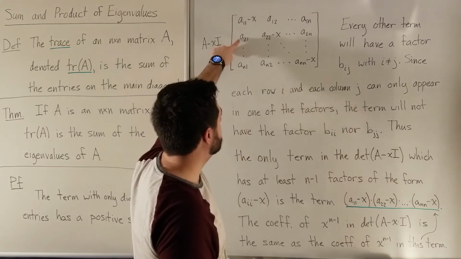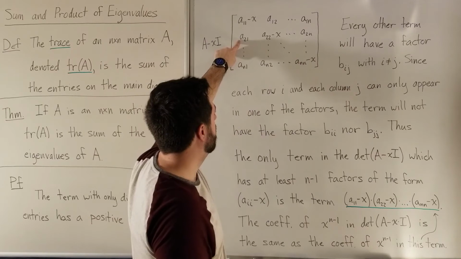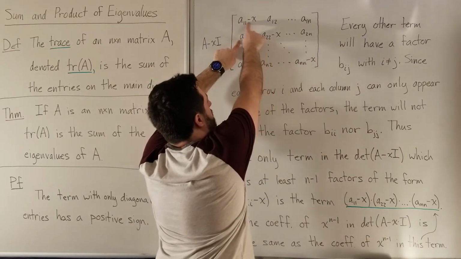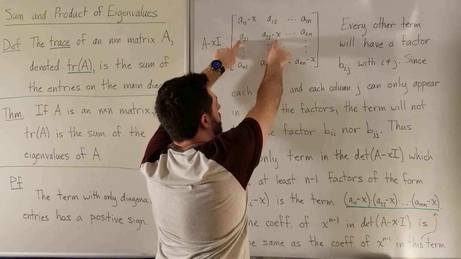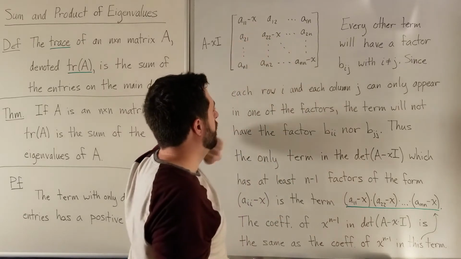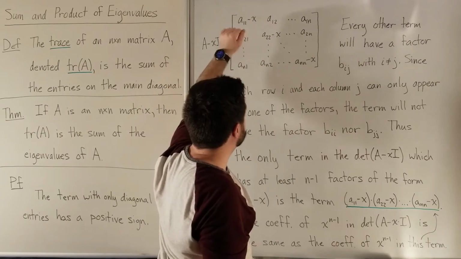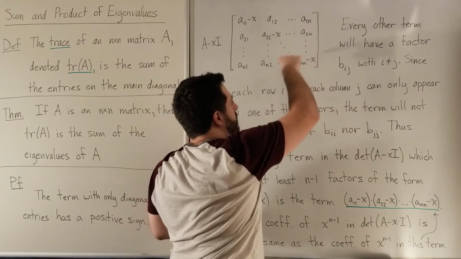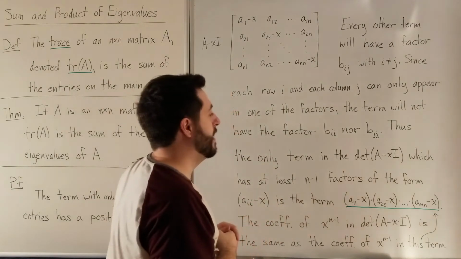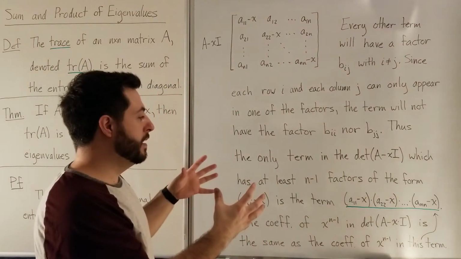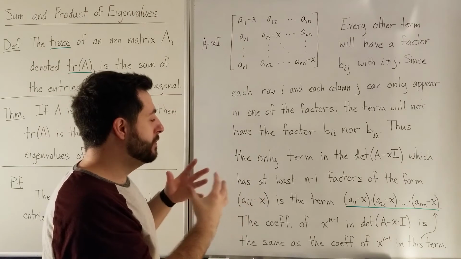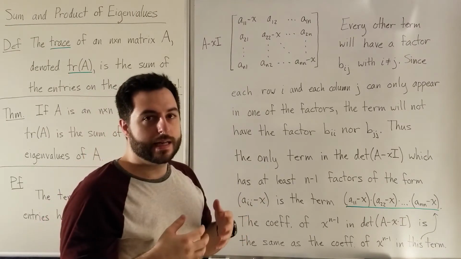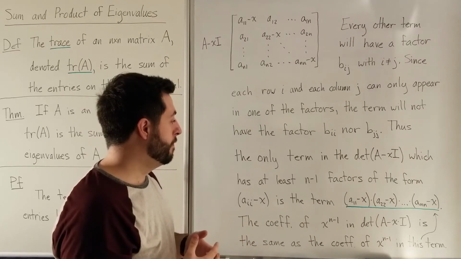So let's say, for example, if this factor was in your term, then you couldn't have this factor, nor could you have this factor, because this one's in the same column and this one's in the same row. Okay, which means at most, if you have this factor right here, you could have at most n minus 2 of the other diagonal factors, which means the degree of that term as a polynomial in x is at most n minus 2.